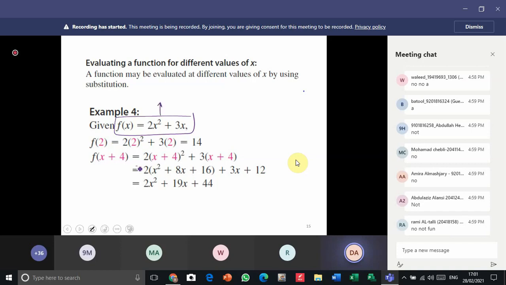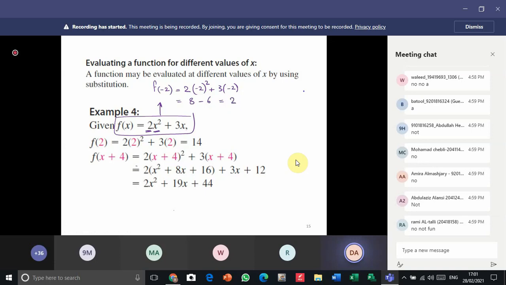For example, if we need to find f of negative 2, substitute for each x, replacing x with negative 2. So we have 2 times negative 2 squared, plus 3 times negative 2. Calculate that: negative 2 squared is 4, 4 times 2 is 8, minus 6, so we have 2.